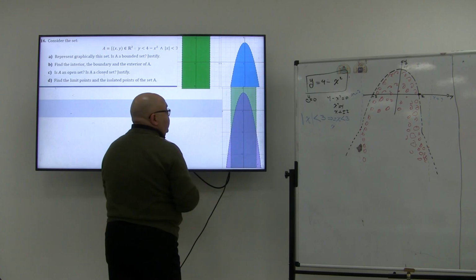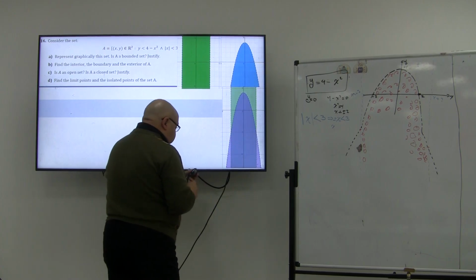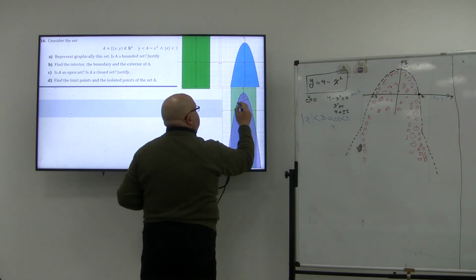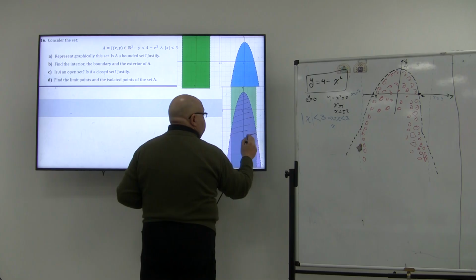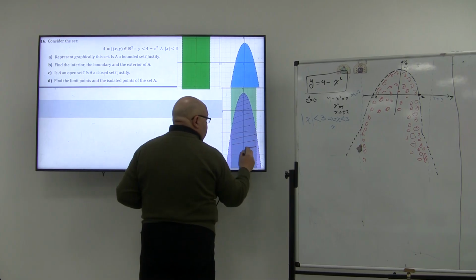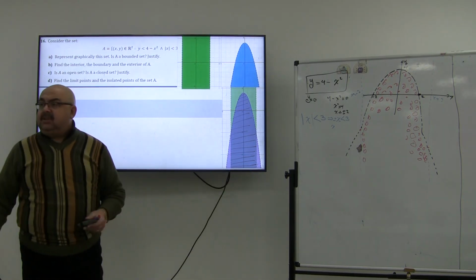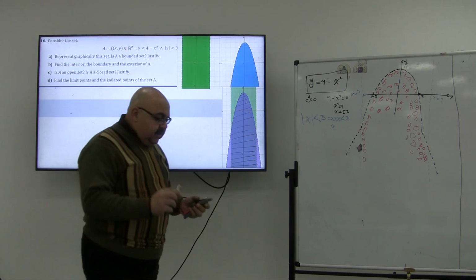And so this is the region that I'm interested in, which is inside the parabola and also bounded by the straight lines. I hope it is clear for you. Okay, this is very good.